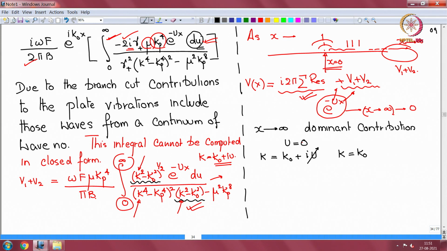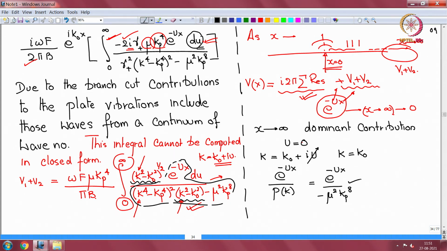In the approximate sense, I will have e to the power minus ux by the denominator polynomial, minus mu squared Kp8. So this part in the denominator we write as this.